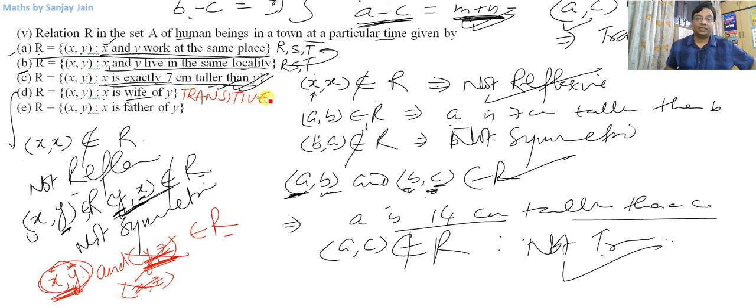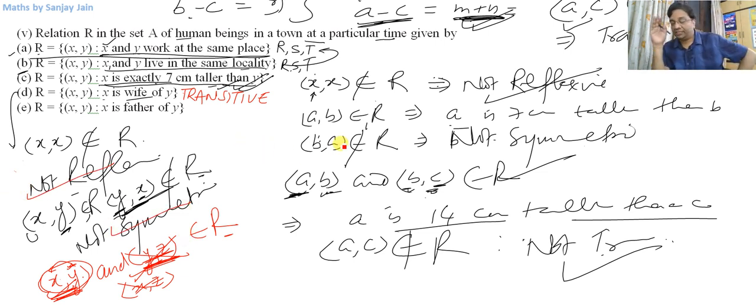It will not be transitive only if x comma y is present, y comma z is present, and x comma z is not present. But in this case, you see x comma y is there, but y comma z is not there. So I don't have to check for anything else. And I will directly say that this relation is transitive. So it is not reflexive, it is not symmetric, it is transitive.